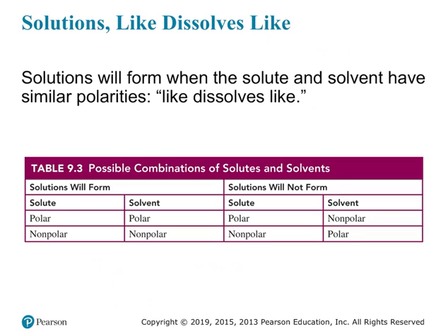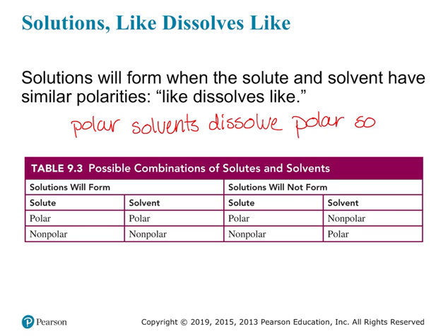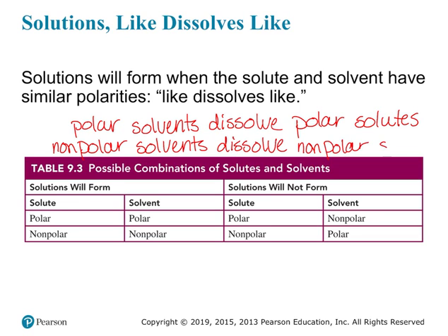Now, solutions will form when the solute and solvent have similar polarities. The common phrase you'll hear for this is "like dissolves like." So polar solvents dissolve polar solutes, and non-polar solvents dissolve non-polar solutes.